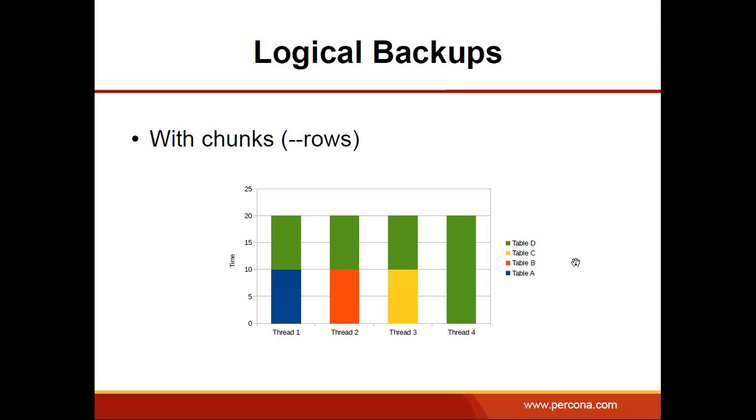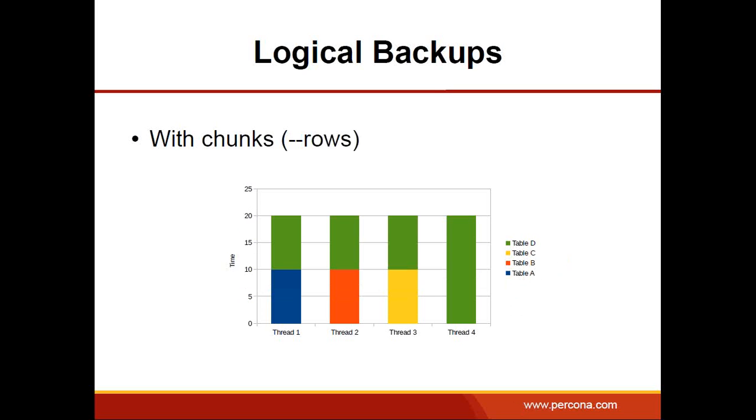But if you use chunks with rows, in this case each table will be split in the number of rows we set in that option. For example, imagine that tables A, B, and C have 10 rows and table D has 50, and we run with rows 10.